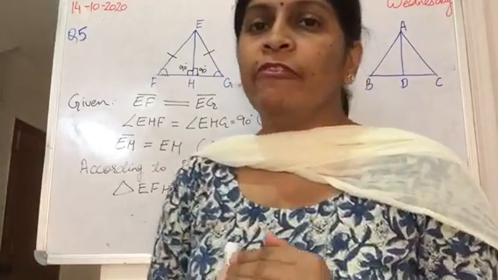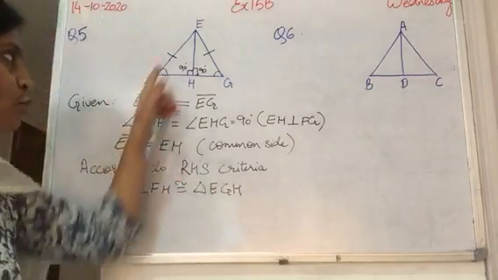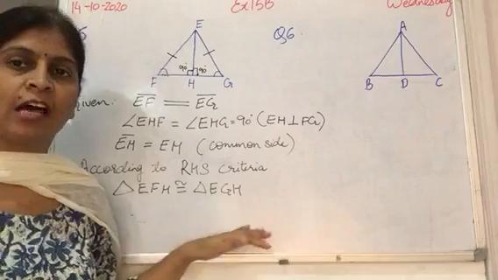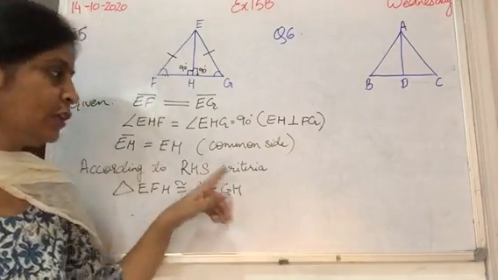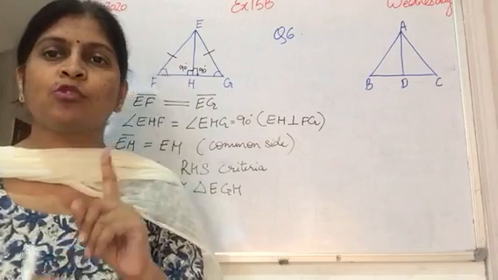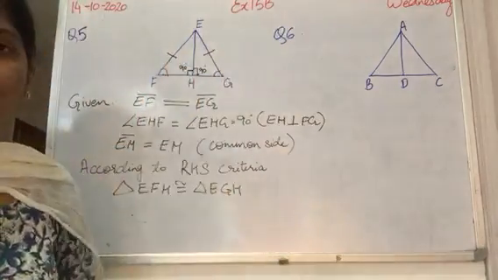But students, whether it is asked or not, if it is not given that these two triangles are congruent, the first step is to prove that they are congruent by using the four criteria which I have discussed. Clear about it? First prove that they are congruent, and then prove that these two parts are equal.